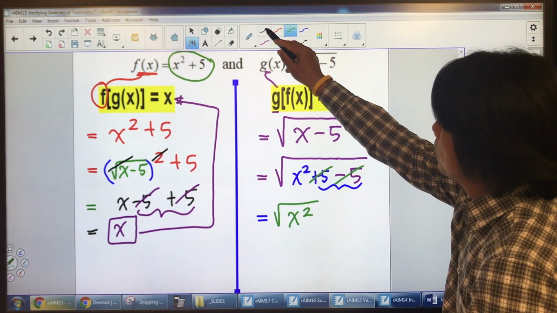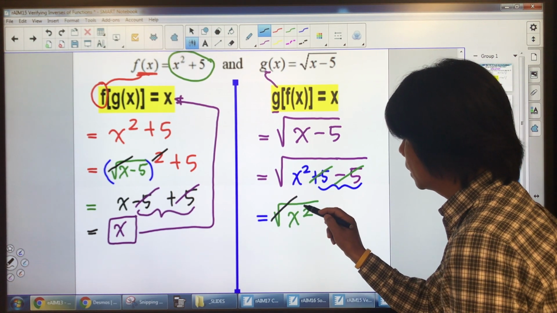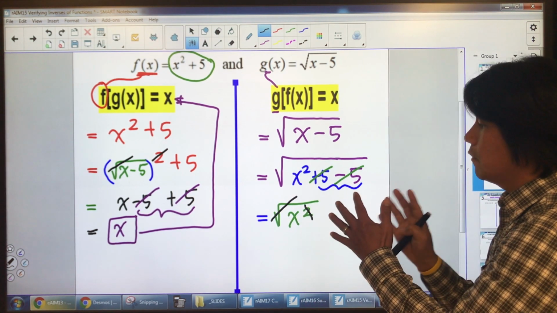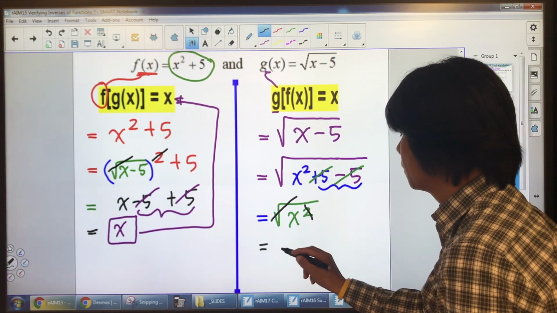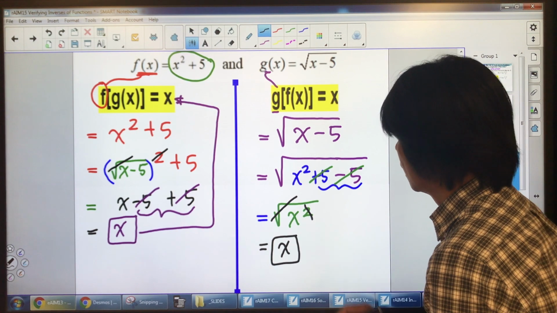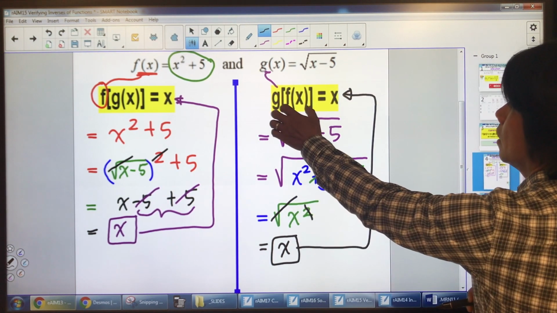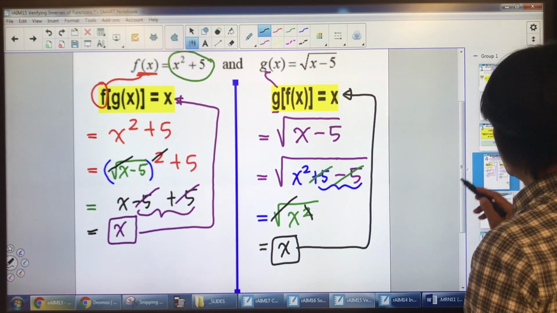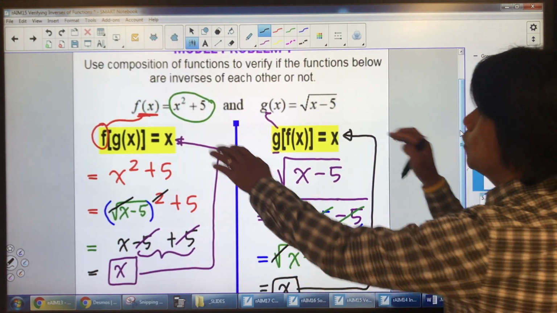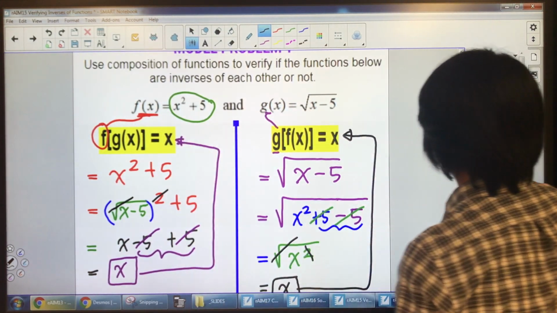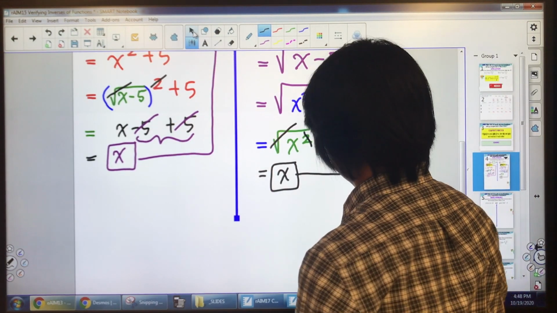And again, we know that this radical symbol, the square root symbol, and this exponent too are inverses of each other, so they're gone. What's left? Just x. Right? So we just showed that the composition of this function is equal to x. What does it mean according to the key concept? That these two functions are inverses of each other. So the answer is yes.